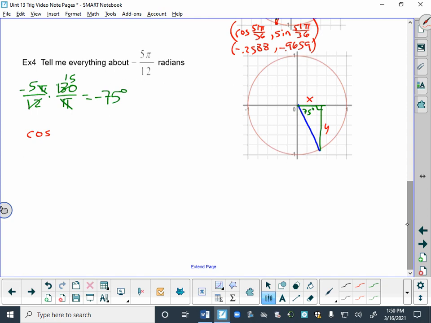And this time I'll just go with my cosine of -5 pi over 12 is equal to the adjacent side, that's my x, divided by the hypotenuse, which again, because I'm in the unit circle, the hypotenuse is 1, so it's x over 1, and the x-coordinate is just the cosine of -5 pi over 12.